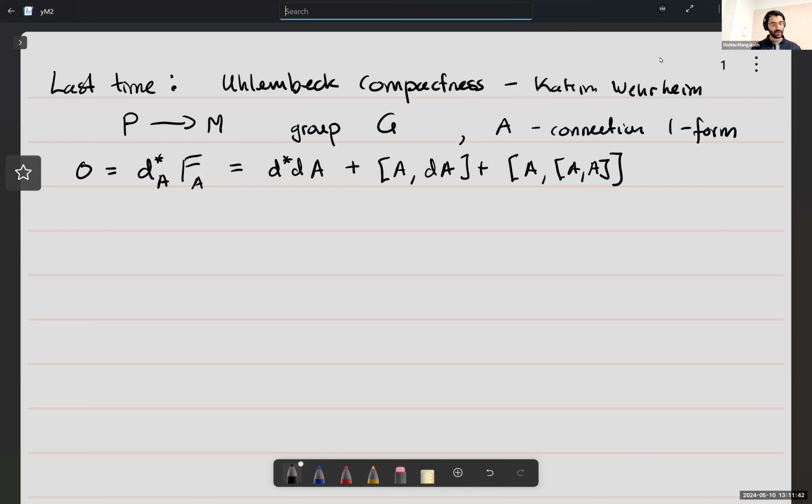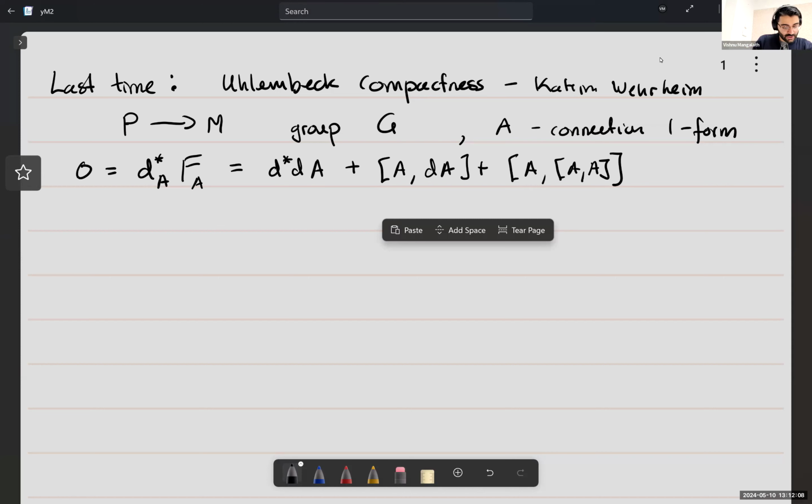Okay, so the issue was that we had this term here, which is not elliptic. The highest order term is not elliptic. If we had a d star A as well, then it would be elliptic because that's the same as the Hodge Laplacian, right? So then, the natural thing to guess was, can we transform this connection A so that it does satisfy d star A equals 0, which means this highest order term actually is elliptic.